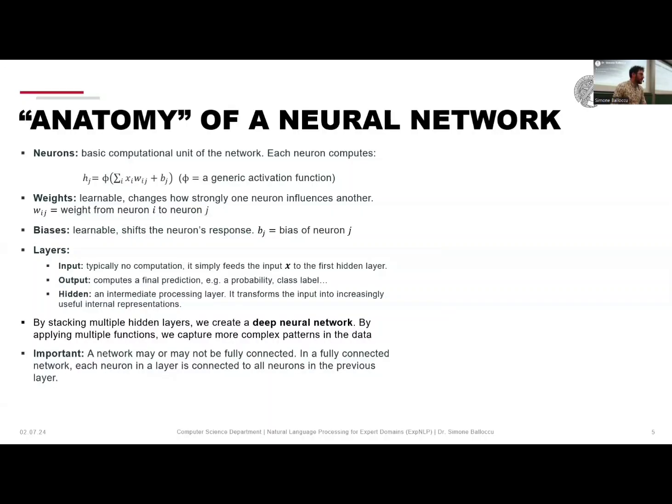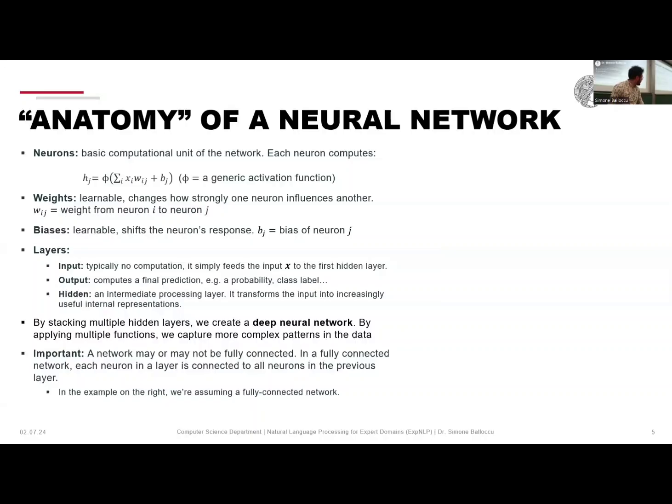Important thing, when you implement it, you may have a neural network that is fully connected or not fully connected. If it's fully connected, it basically means that every neuron at a given layer is connected with all the neurons after and before.